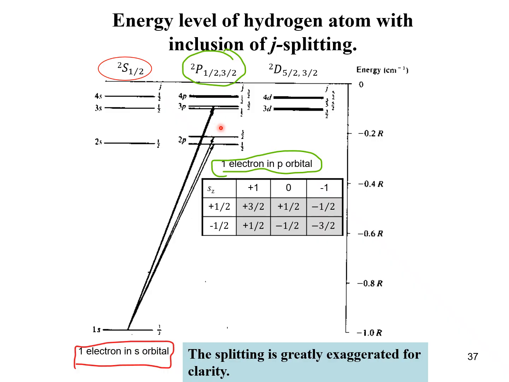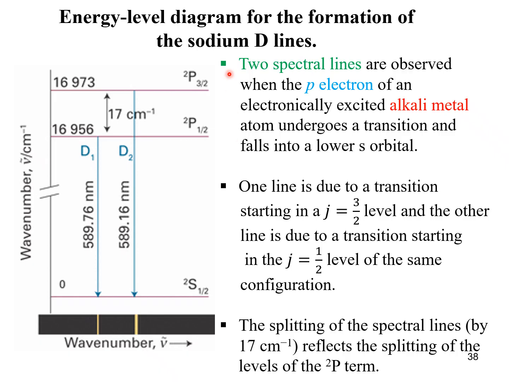So this will result in the appearance of two spectral lines in the spectrum. So we have one electron in the s orbital, and it is excited to either doublet P 1/2 or doublet P 3/2.